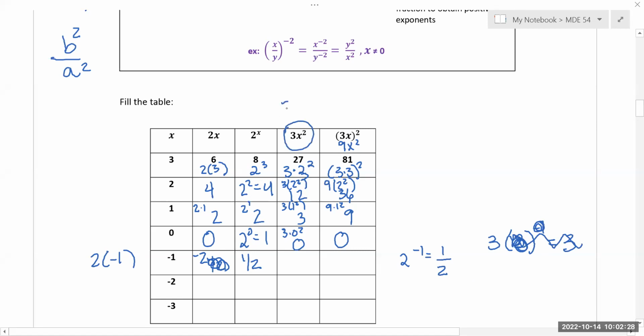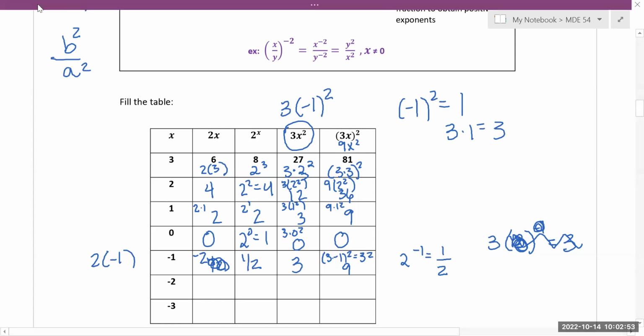Right here would be 3 times negative 1 squared. Negative 1 squared is 1, so 3 times 1 is 3. And then this one would be 3 times negative 1 is negative 3 squared is 9. Squaring a negative always makes it positive.